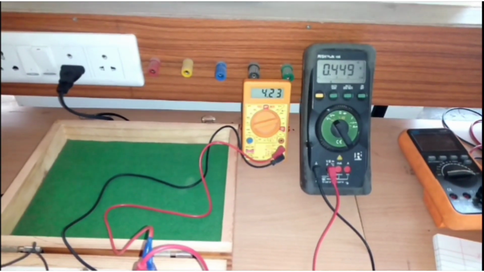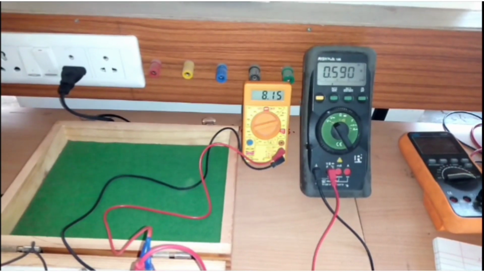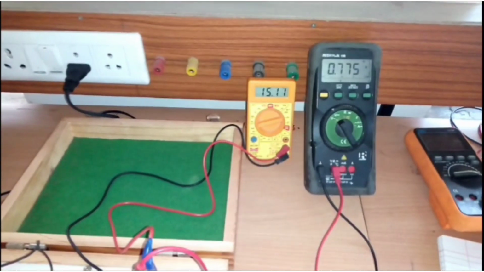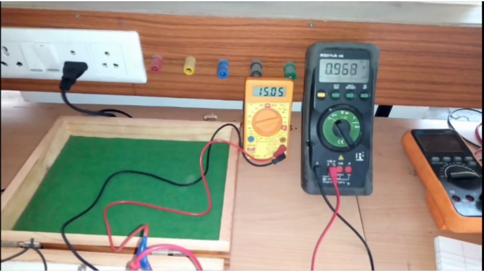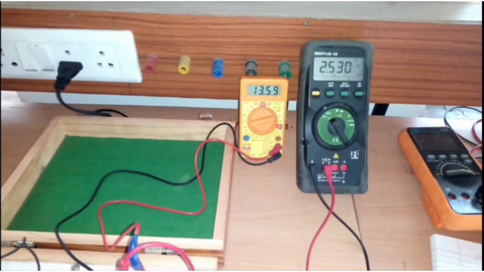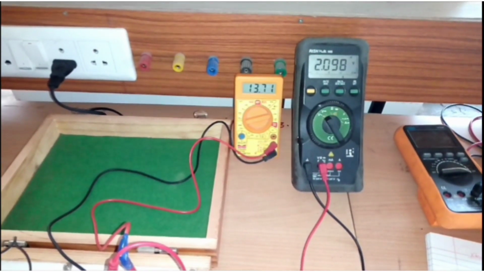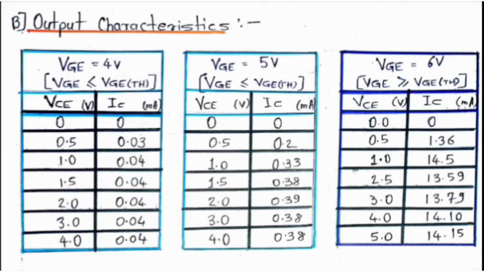So at 1 volt we get 14.5 milliampere current. So now we are seeing that our IGBT device is triggered. Now we are getting some constant current. So this is the reading for IGBT.